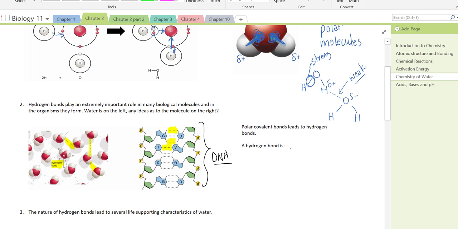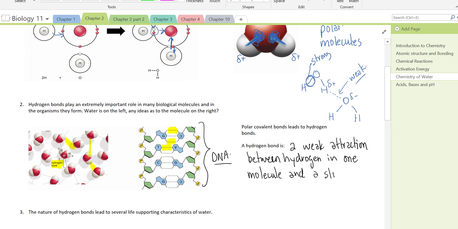And so a hydrogen bond is a weak attraction between hydrogen in one molecule and a slightly negative charge on another, separate molecule.